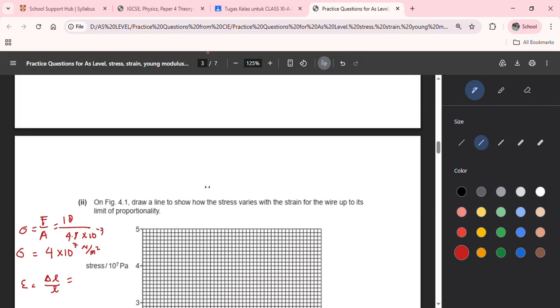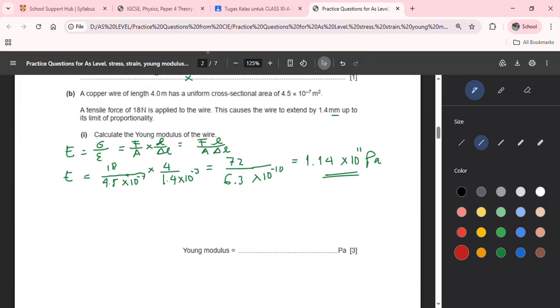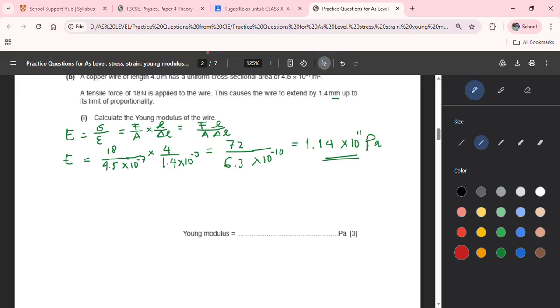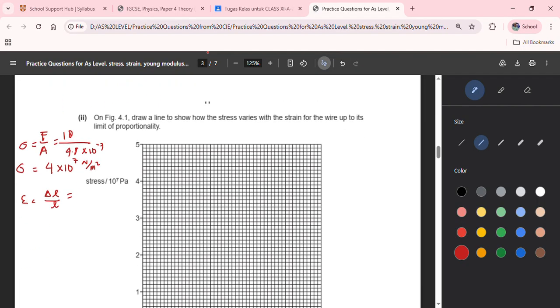And then for strain, we have delta L divided by L. We remember that delta L is equal to 1.4 millimeter, and L is 4 meter. So 1.4 times 10 to the power of minus 3 divided by 4. This is meter divided by meter, that's why the strain does not have a unit.